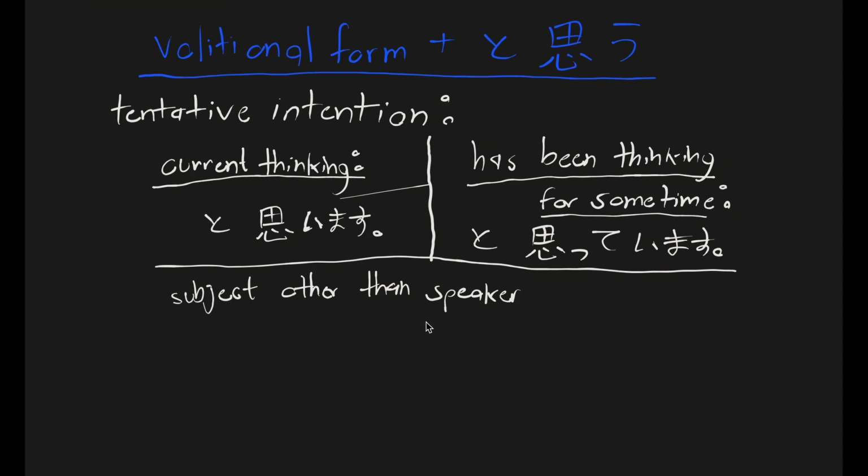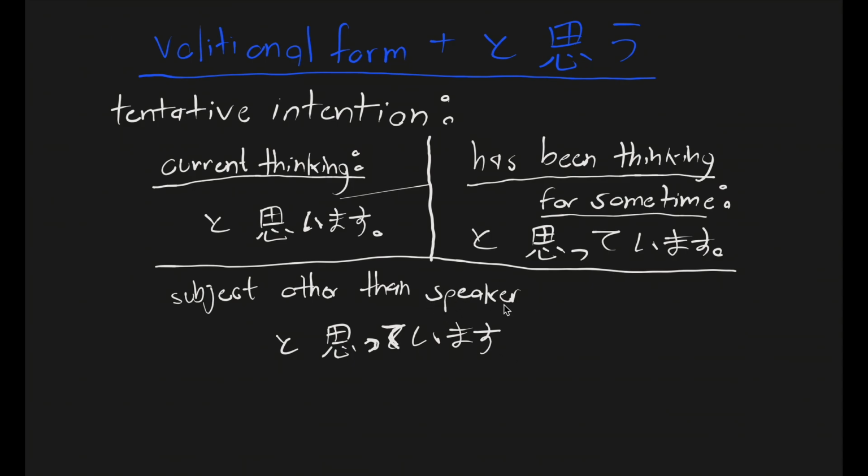Well, for both of current thinking and trying to express has been thinking for some time, you use to omotteimasu. You use to omotteimasu for both when the subject of your sentence is not you.